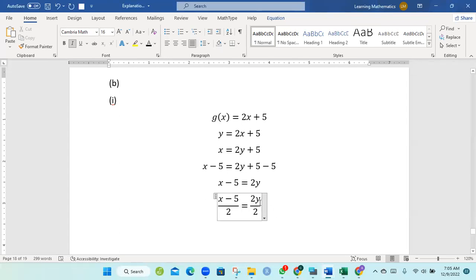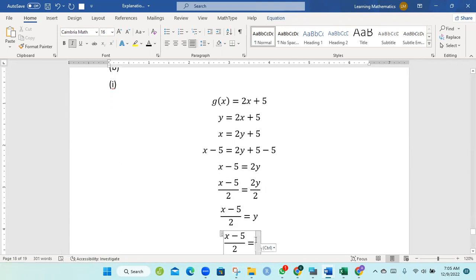So 2 cancels out, and we are left with y is equal to x minus 5 over 2. And then the final step is to replace the letter y with the notation g inverse of x.